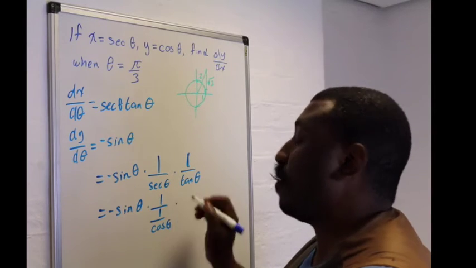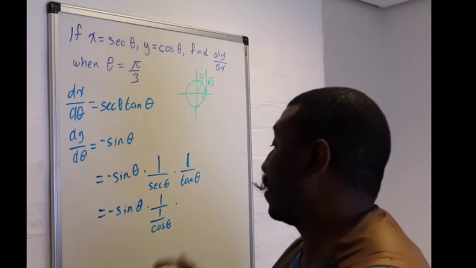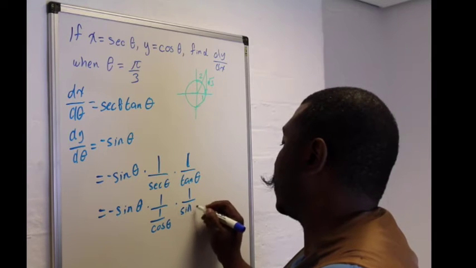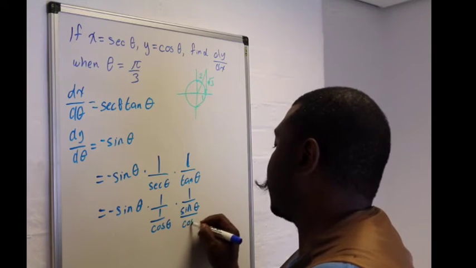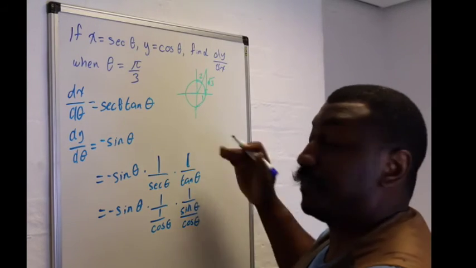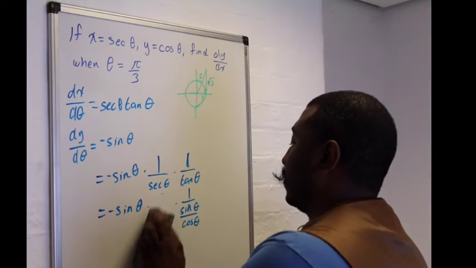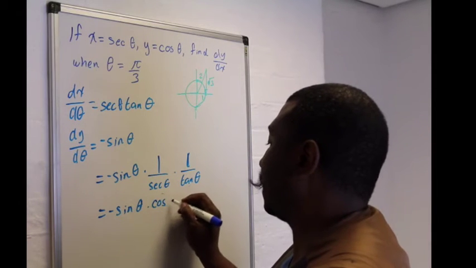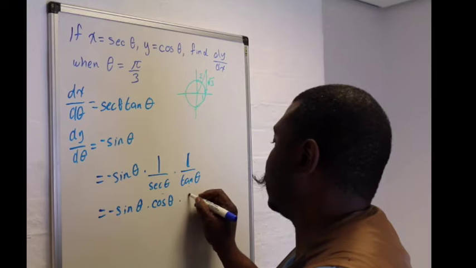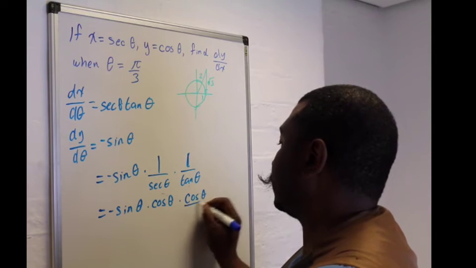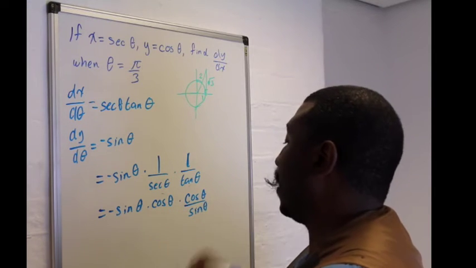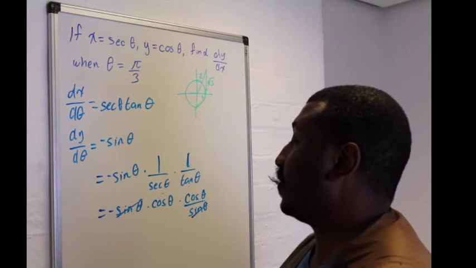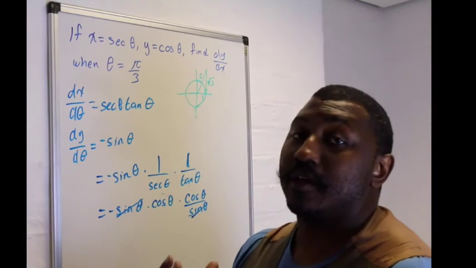And tan theta, well, I know that's just sine over cosine. So I can write this like this. Now I can flip these. Now I have just 2 trigonometric terms, and this one will cancel out with this one, which leaves me with just one trigonometric term.